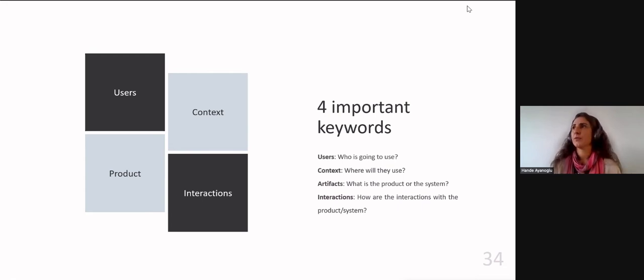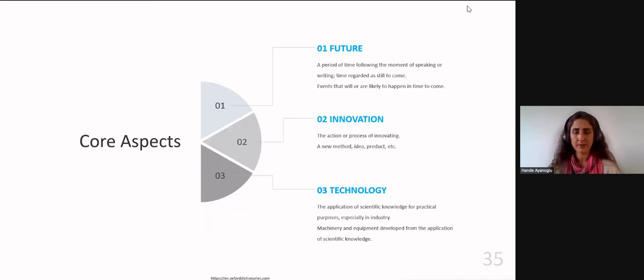For instance, for an interface, maybe the interface should have different colors in different environments, because outside we cannot see the colors properly, or we have more light. That's why the context is very important for both curricular units. Also the artifact: what is the product? What's the system we are talking about? And the interactions: will they be digital, will they be analog, or will they be mixed? We have to understand these four important points.